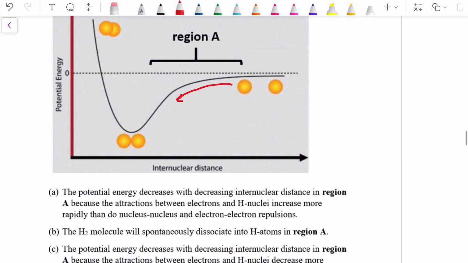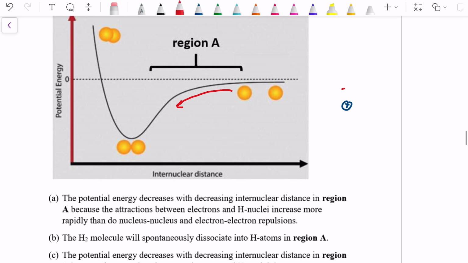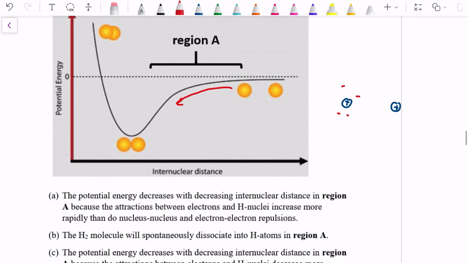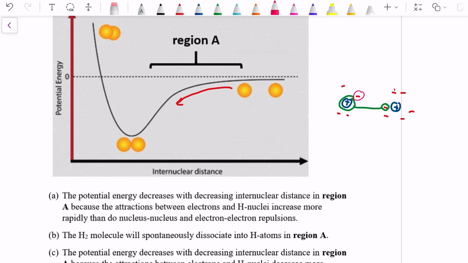So when we're bonding, we are... Let me do this. So we have the positively charged nucleus, and then we have these negative charges flying around. And then there's two of them. And when we form bonds, this nucleus is going to bond to this electron. And this has to overcome the opposing effect of these electrons repulsing these electrons, and this nucleus repulsing this nucleus.